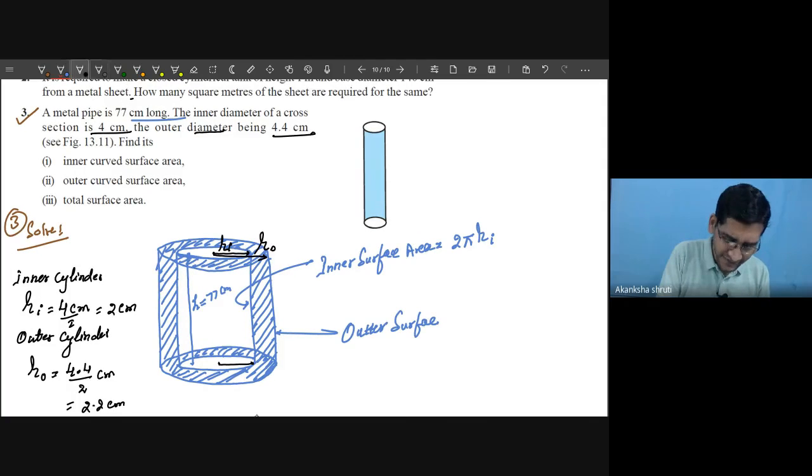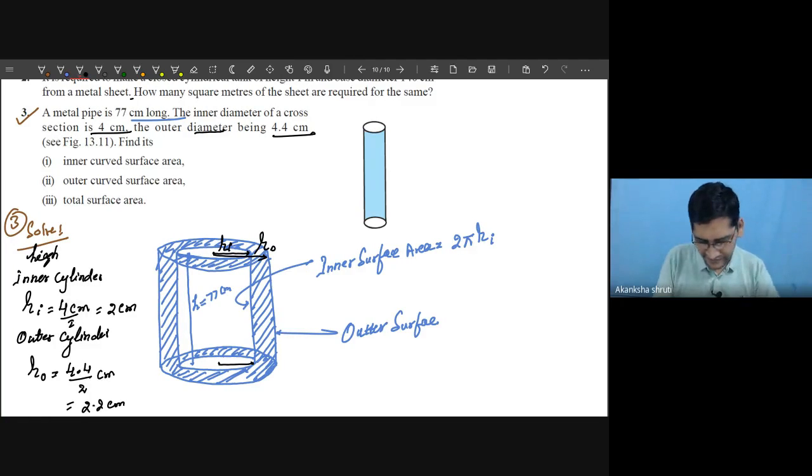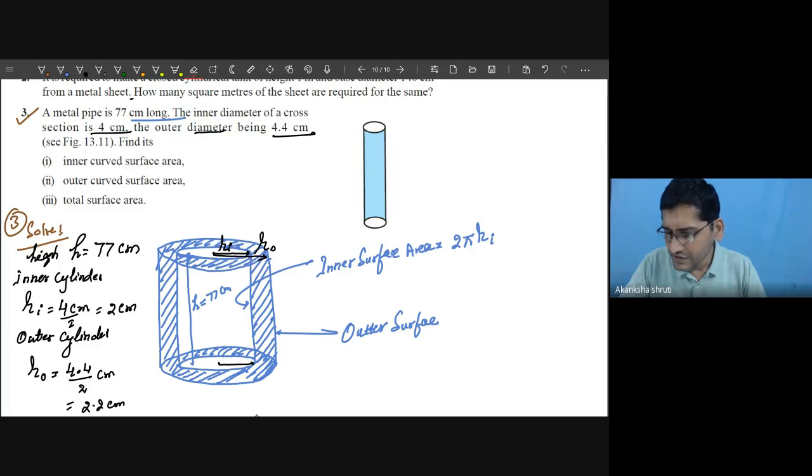So we may write here height of both cylinders, h is equal to 77 centimeter. All the units are the same. You are observing height in centimeter, both the radii are in centimeter. So we can calculate the answer in centimeter square. So for calculating the inner surface area, we shall use the inner radius and height h. Means we shall use 2 pi Ri and the height h.